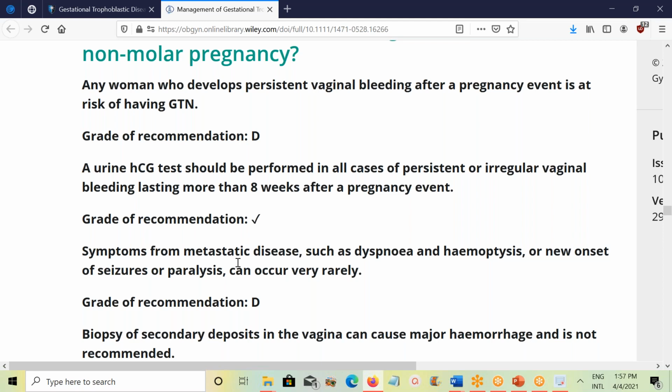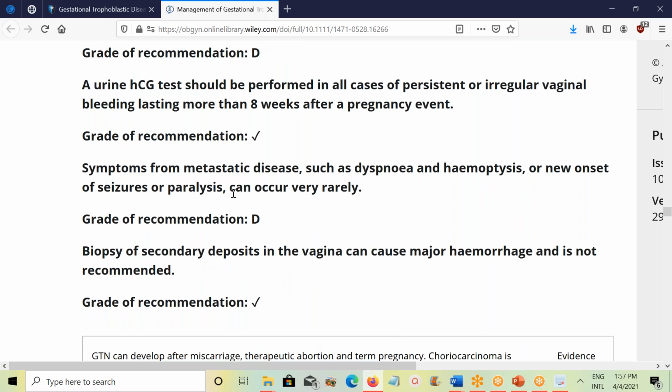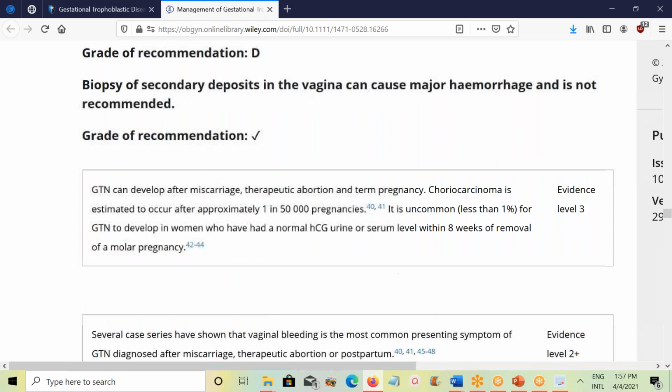If she has symptoms of metastatic disease, like breathlessness, dyspnea, hemoptysis, or new onset seizure or paralysis, these can occur very rarely. Biopsy of secondary deposits in the vagina can cause major hemorrhage and is not recommended. So any nodal lesions in the vagina, you are not going to do anything like that.